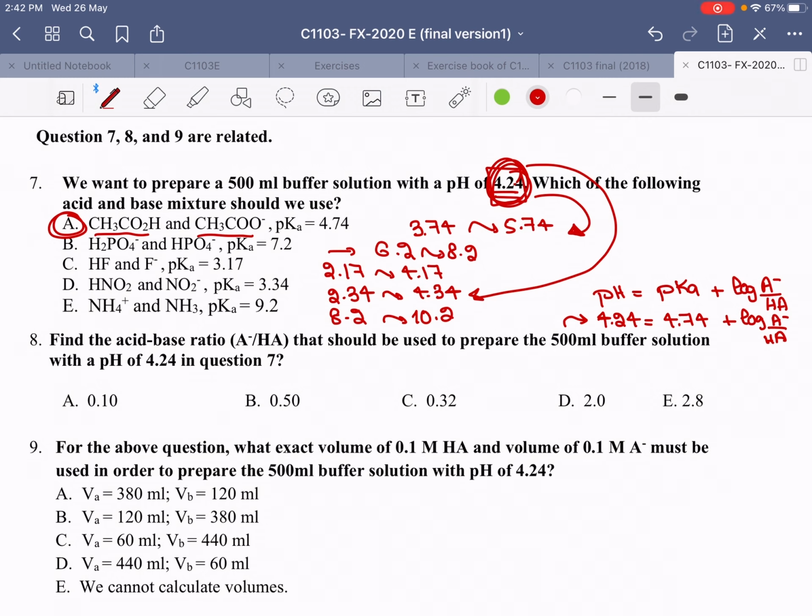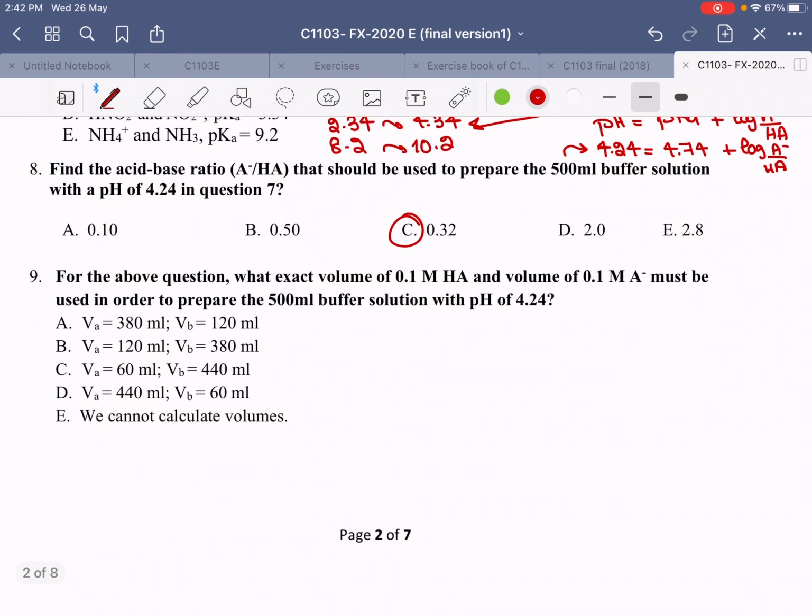So simply calculate 4.24 minus 4.74, 10 to the power of that answer, and you get that the ratio is على الكالكوليتر 0.316. Which one is it? This is 0.32.